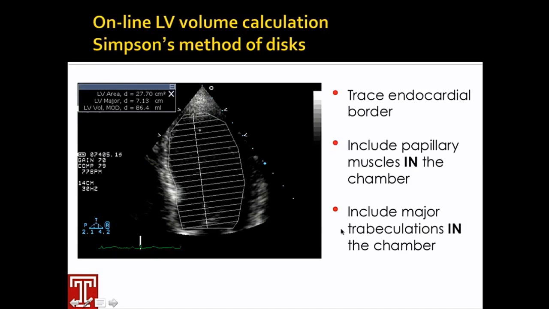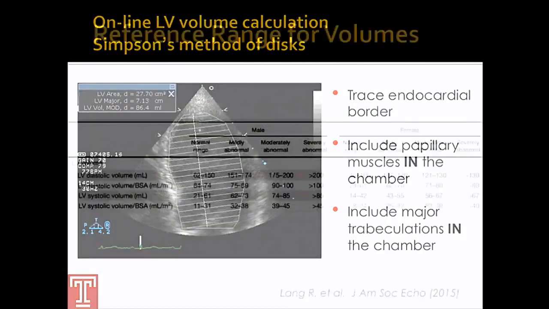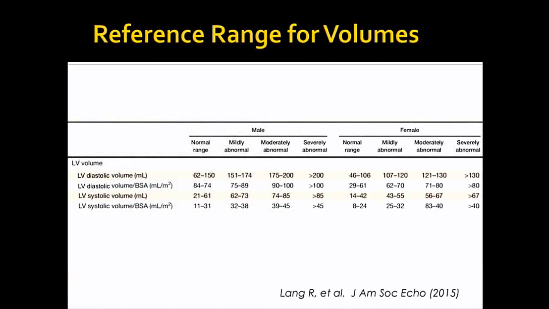And we also include any major or large trabeculations within the chamber. It's counted as part of the chamber volume. So you're really trying to make a smooth trace of what would be the non-trabeculated endocardial border. So these are things that you need to be aware of when you're assessing a Simpson's volume that is presented to you, as well as the ejection fraction derived from that.